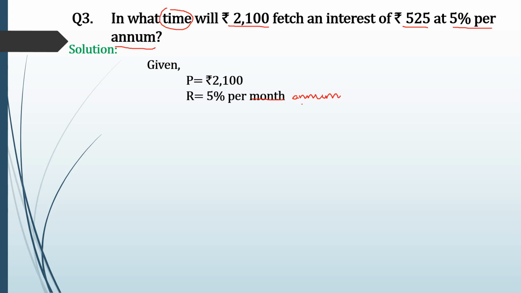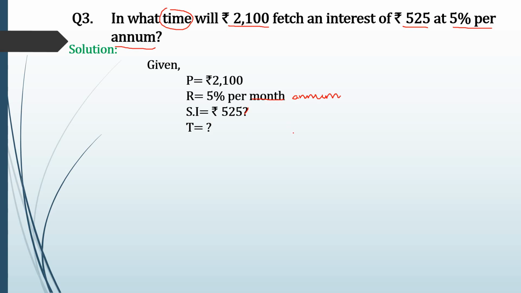I'm sorry for the typing mistake. So the rate is 5% per annum. Okay, and we are also given simple interest, that is rupees 525. We are asked to find time.